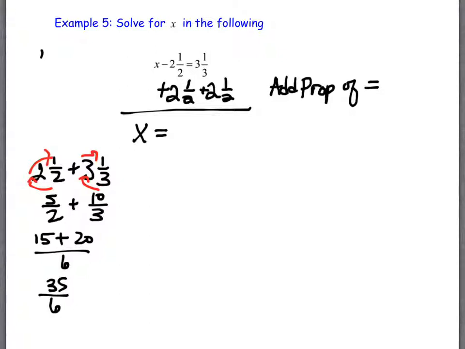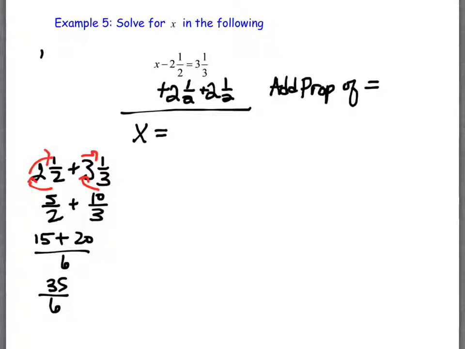Now, I told you before that I would show you when you needed to change something back into a mixed number. This is when you would do that, and let me tell you why and how you'll know. 35 over 6 is a perfectly legitimate answer if the original problem had started out as improper fractions. But this original problem started in mixed numbers, so the answer needs to be in mixed numbers.